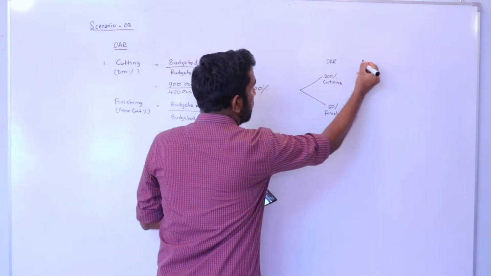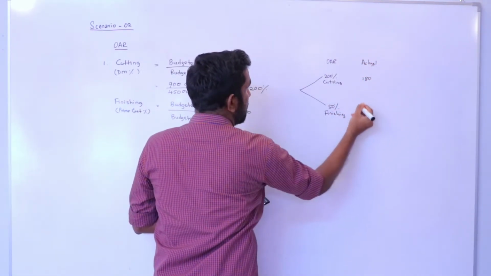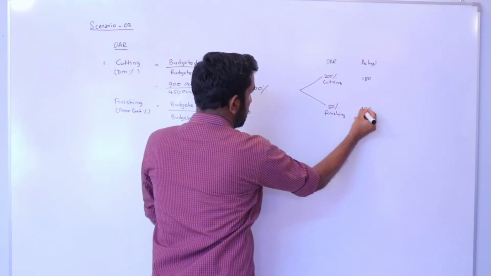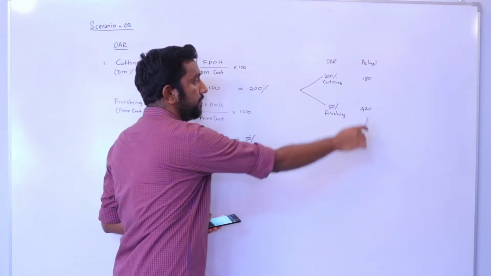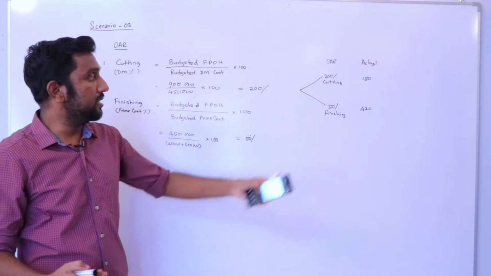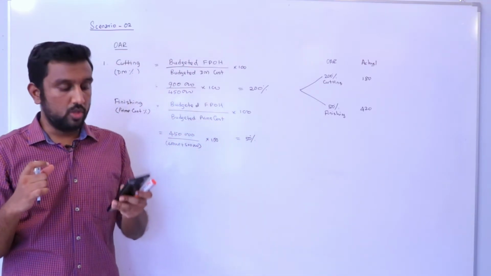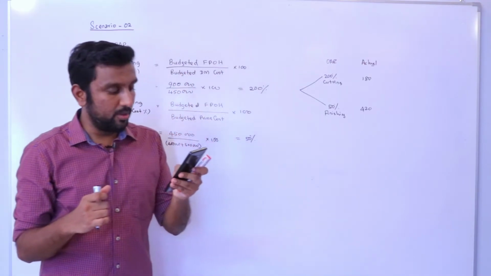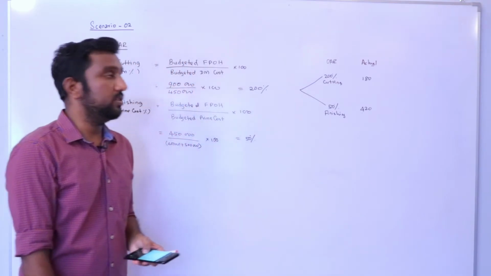For the first department, what I need is the actual direct material, which is 180. And here, 420. Why 420? The second, finishing department is based on the prime cost, so I need the actual prime cost. I have direct material cost 180 and direct labor cost 240, so the actual prime cost is 420.